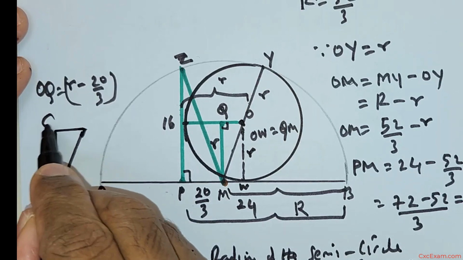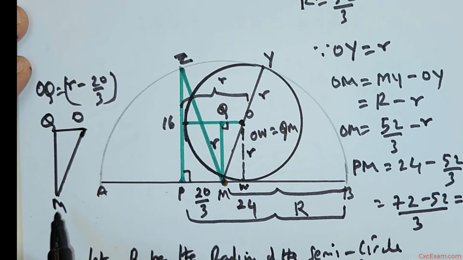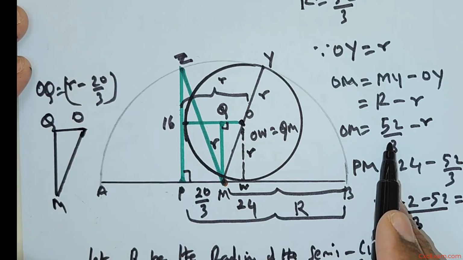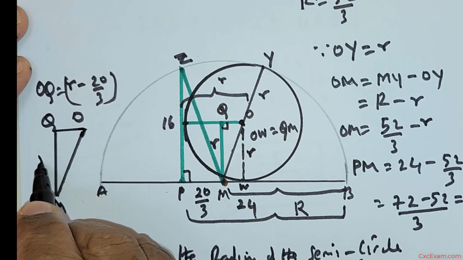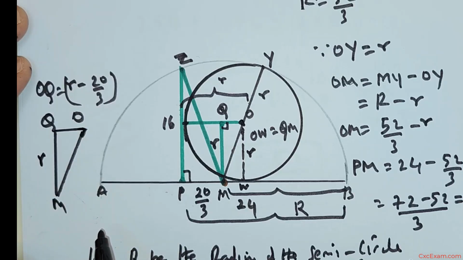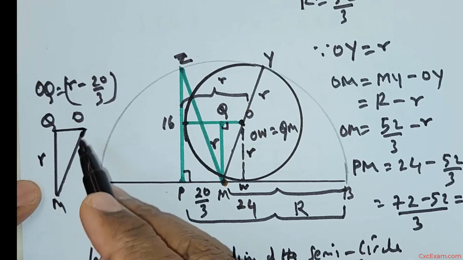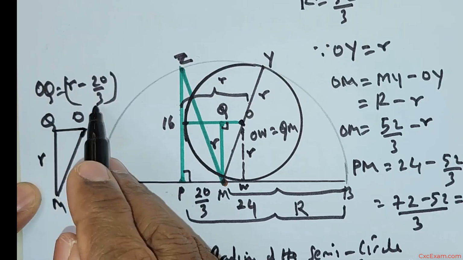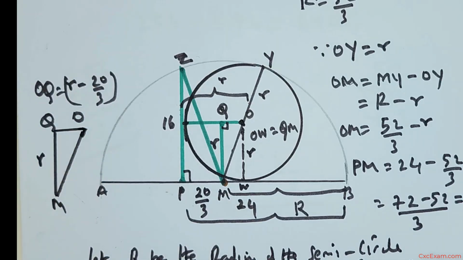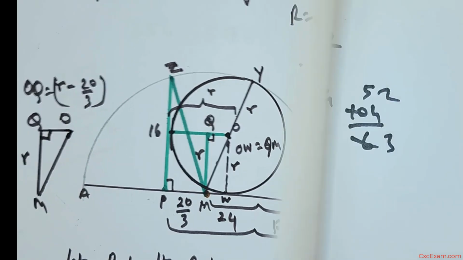Okay, so this is Q, this is O, this is M. OM is already got, QM is there, and now all we need to do is to apply Pythagoras. OQ is also got, and then evaluate it. So that's exactly what we are going to do. So this is 90 degrees. So let me go to the next slide.